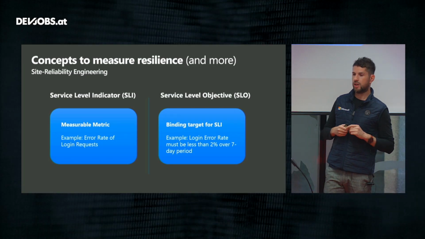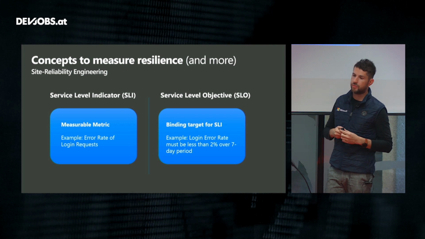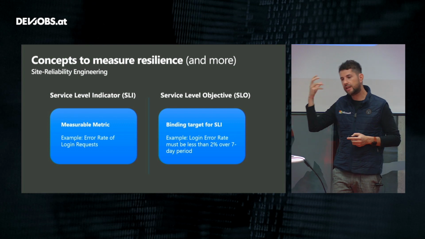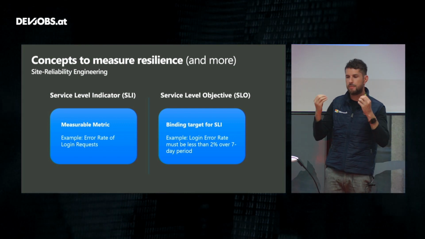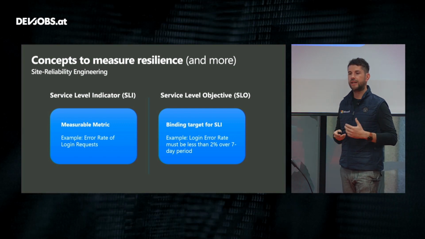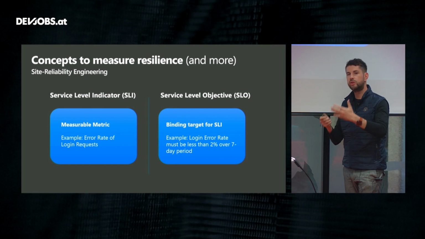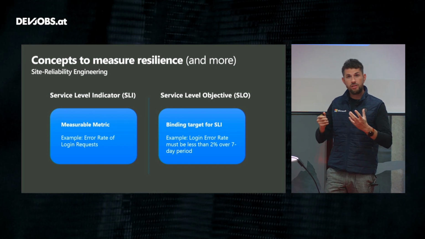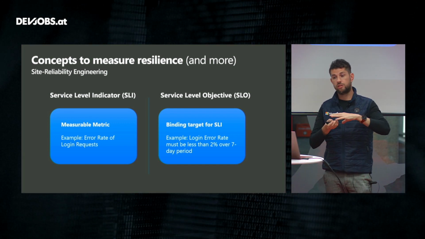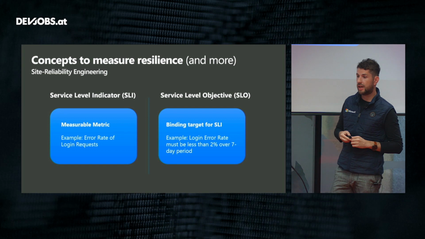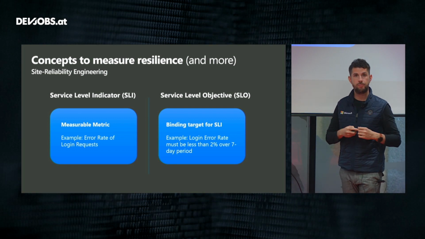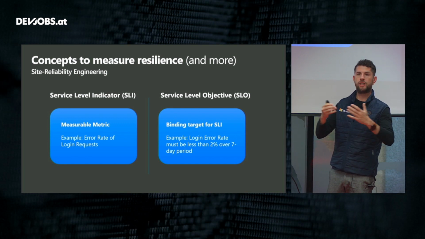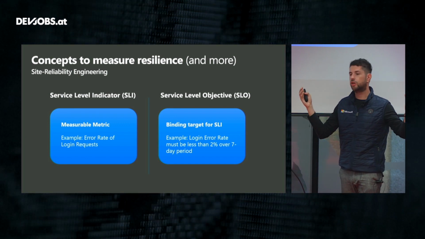Two I want to highlight. The first one is the service level indicator. I've simplified it a little bit here, but we can think of it as some kind of metric that we can measure. For example, the error rate of login requests or the response time of the front-end service. And then we can put targets on our service level indicators and say, now the response time must be faster than 200 milliseconds over a 30-day period.